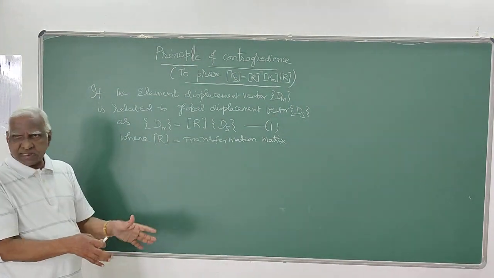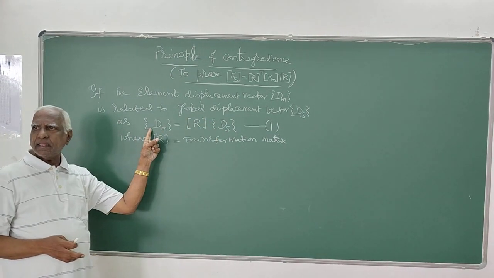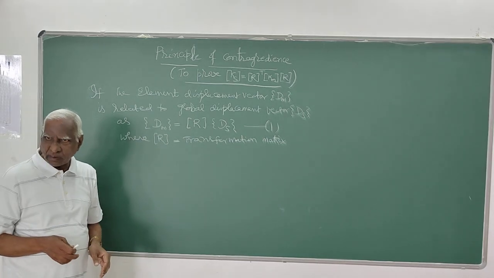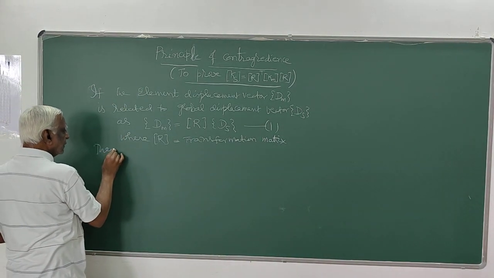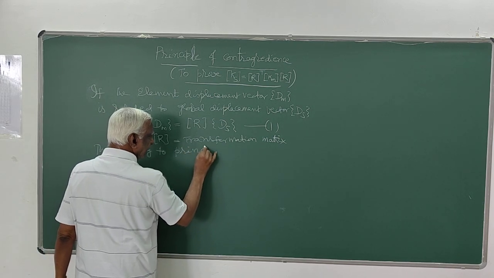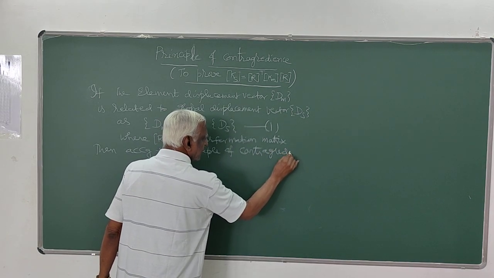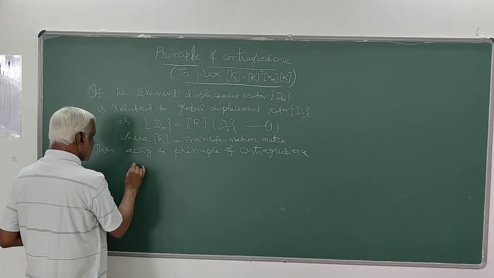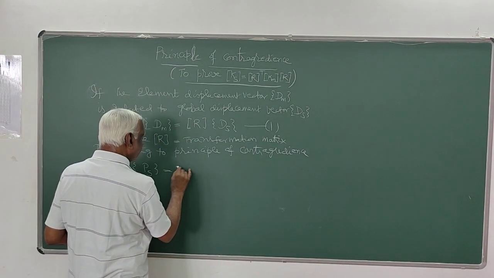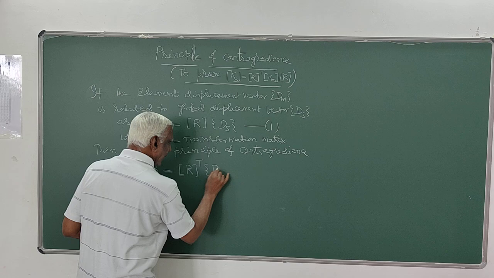So if you do that exercise and obtain R, and you call the relationship between global displacement and element displacement vectors by this R, then according to the principle of contragradients, the global forces are related to element forces by the transpose of this transformation matrix.